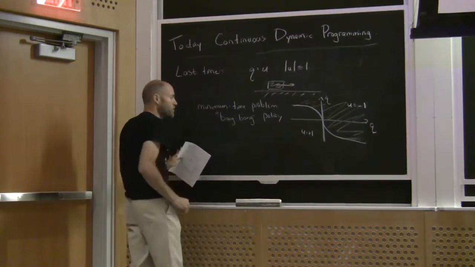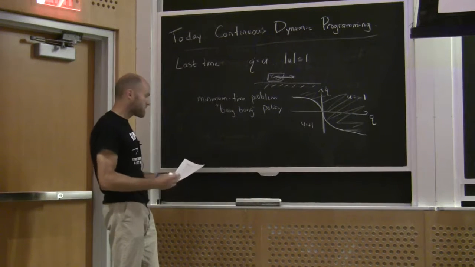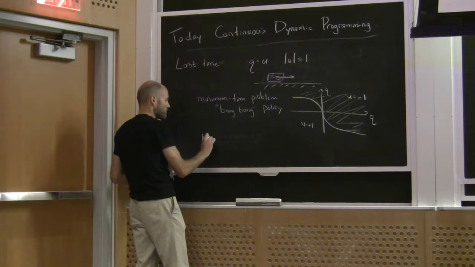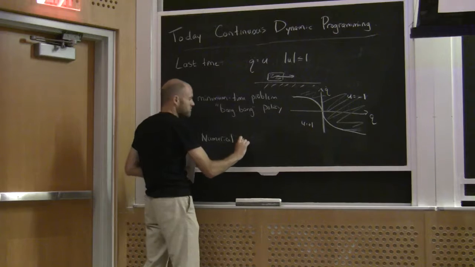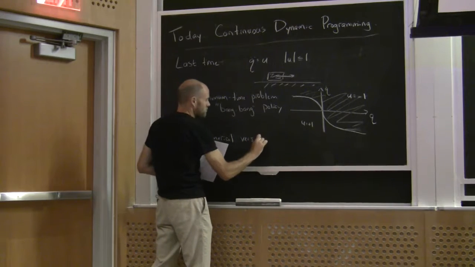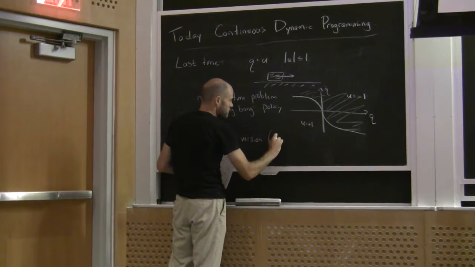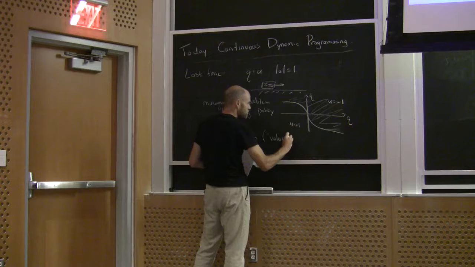There was more hope, though, in maybe getting these answers numerically, right? So we also talked about the numerical version of that. We used value iteration, a form of graph search.